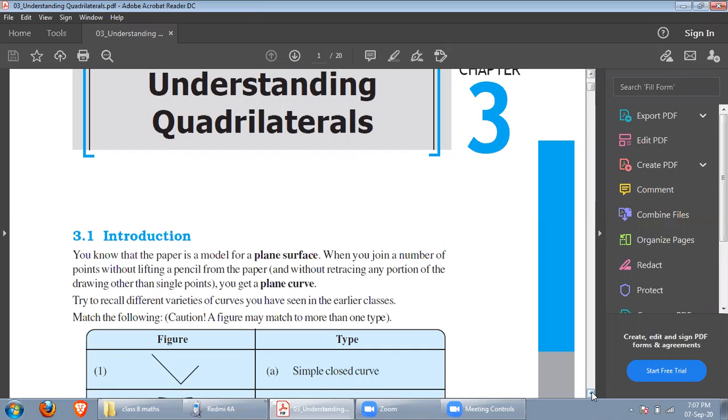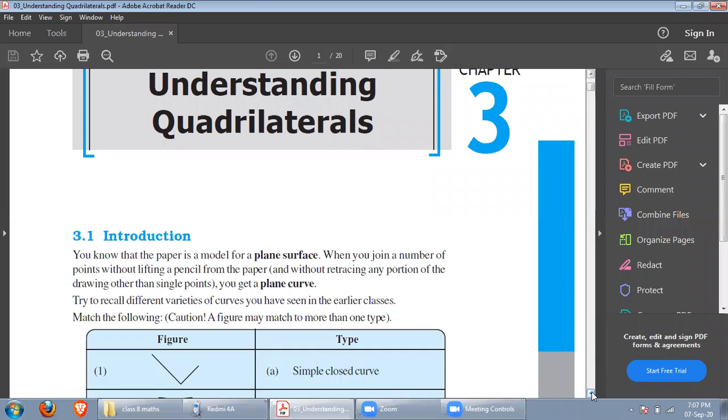And sometimes back in one of your classes, I also asked you to find out about convex and concave quadrilaterals. So today we will discuss that in detail.